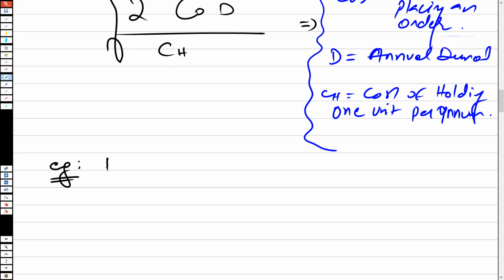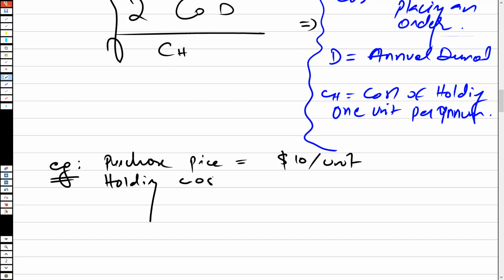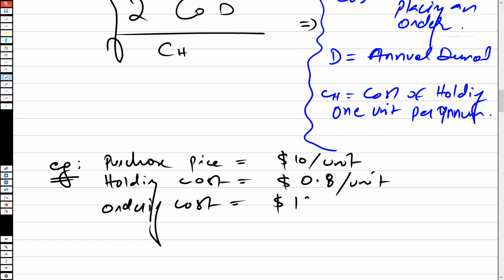Assume that the purchase price of inventory is $10 per unit. Holding cost is, let's say, $0.8 per unit. The ordering cost is, let's say, $1.50 per unit.